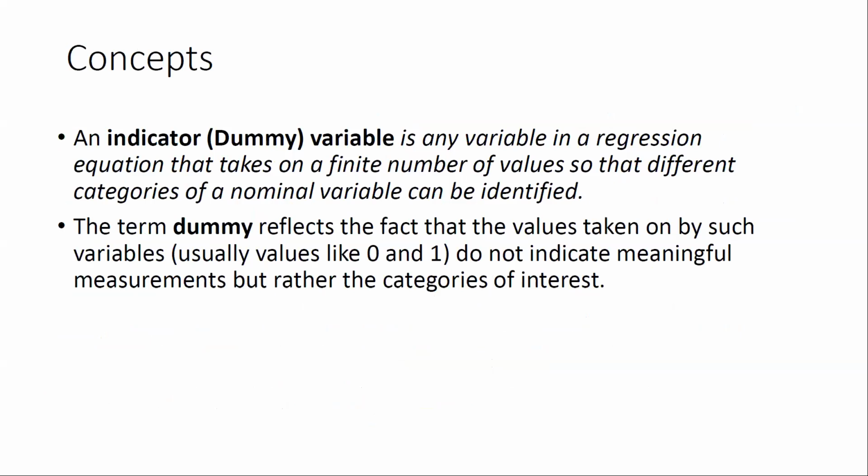Finally, we'll give the concept of indicator or dummy variables. They're important, especially when there's an interaction between a categorical variable and another variable. An indicator variable or dummy variable is any variable in a regression analysis that takes on a finite number of values so that different categories of a nominal variable can be identified.